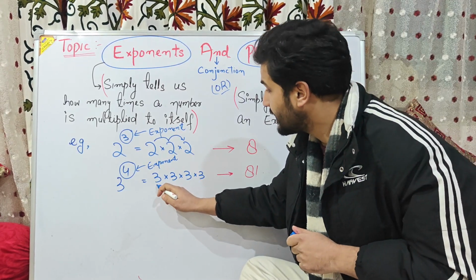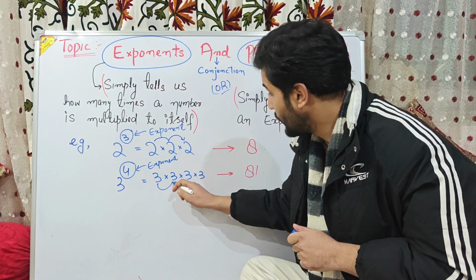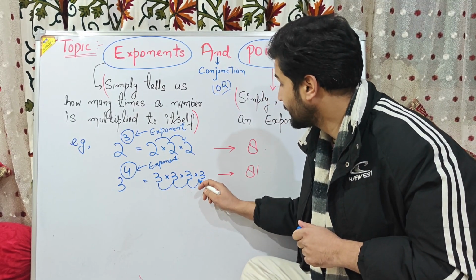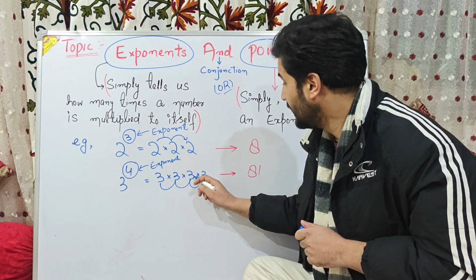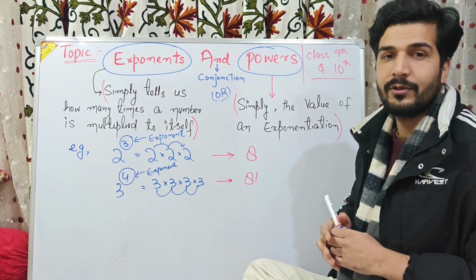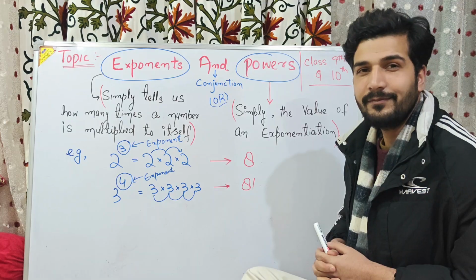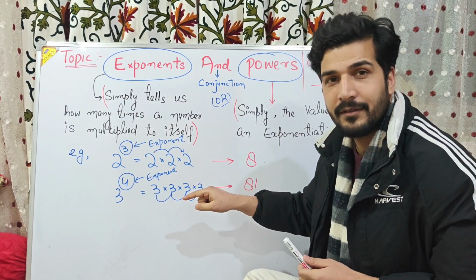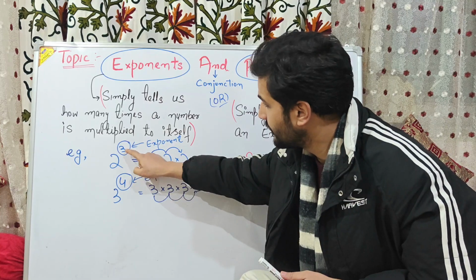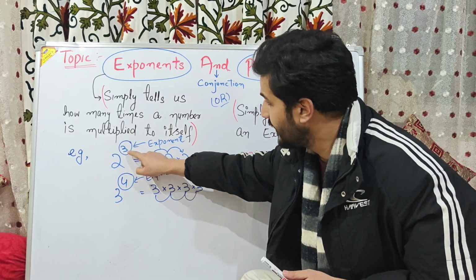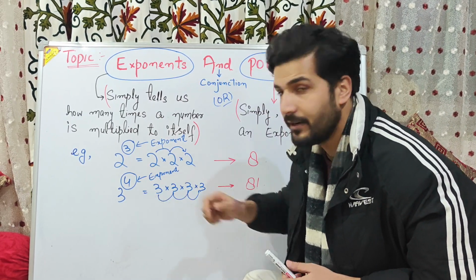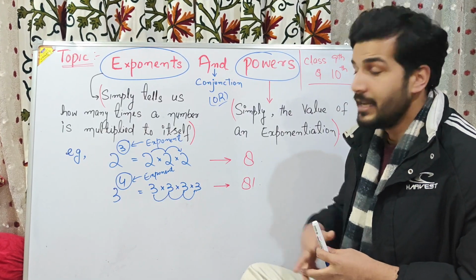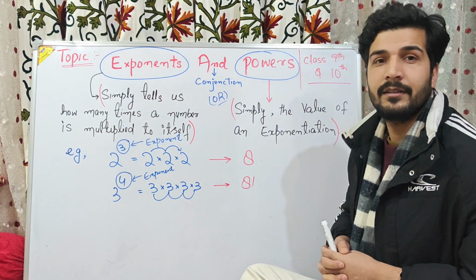This exponent signifies that this 3 should be multiplied 4 times. This is 1, 2, 3, 4. So on and so forth. The number which is in the superscript, 3 here and 4 here, we call exponents.